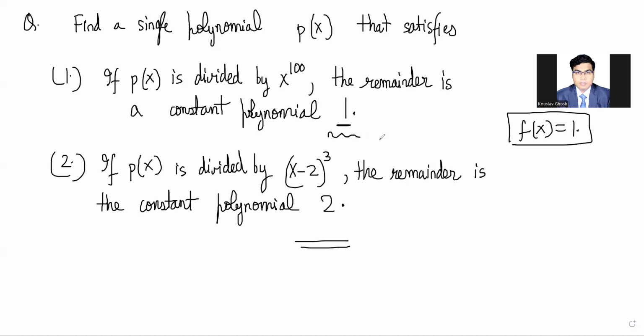So, an interesting question. You have to find the polynomial which, when divided by x power 100, gives a constant polynomial 1. And when divided by x minus 2 power cube, the remainder gives a constant polynomial 2.